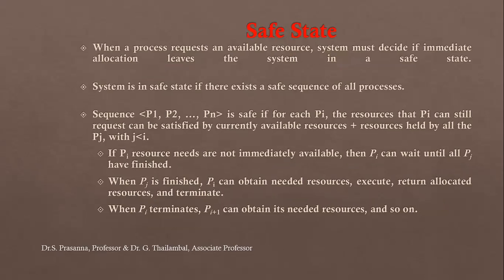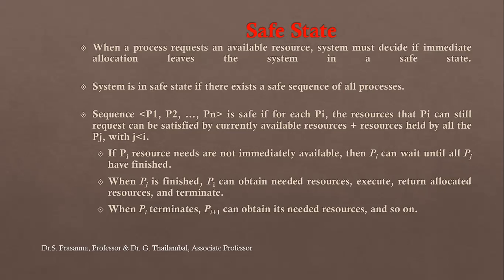That is possible only if there exists a safe sequence of all the processes. A sequence P1, P2 up to Pn is safe only when, for each Pi, the resources that Pi can still request can be satisfied by the currently available resources plus resources held by all the Pj with j less than i, which means P1 will not enter into the deadlock state.